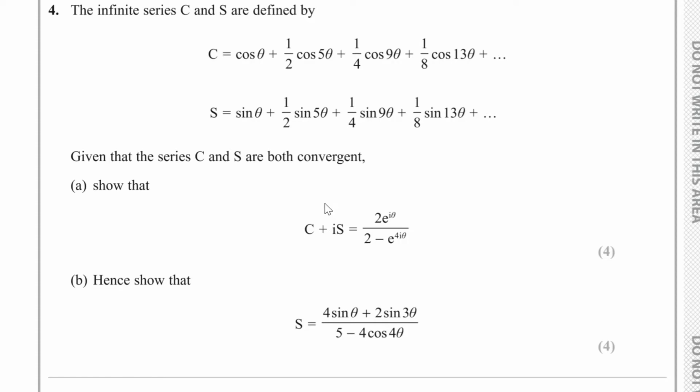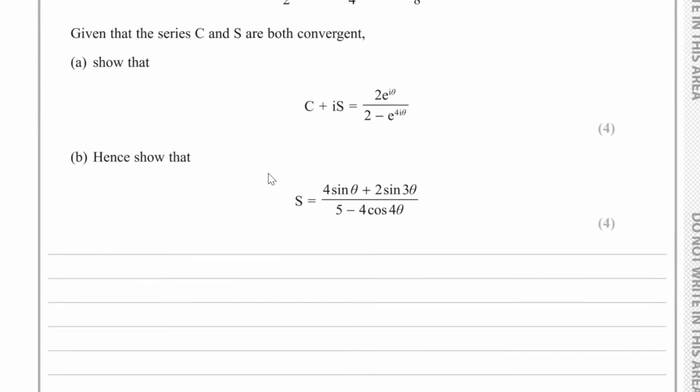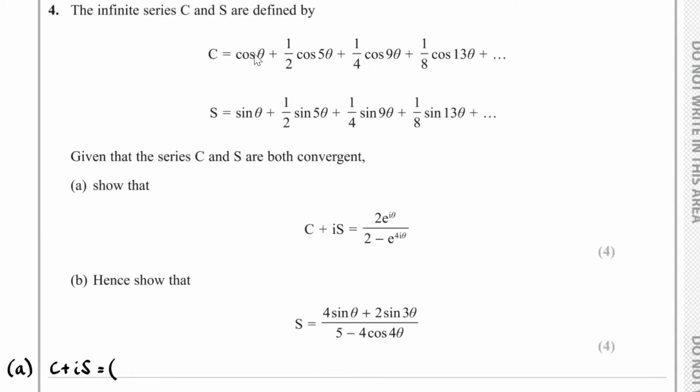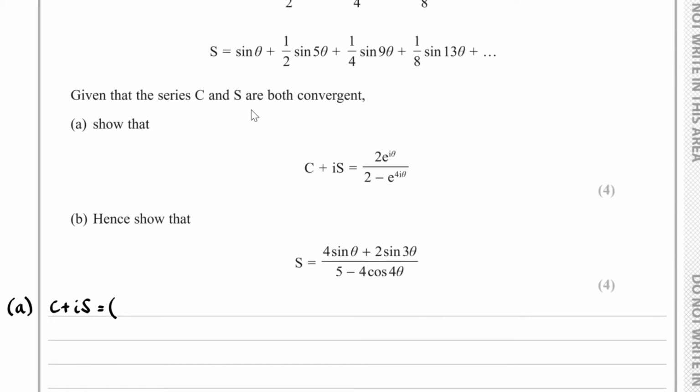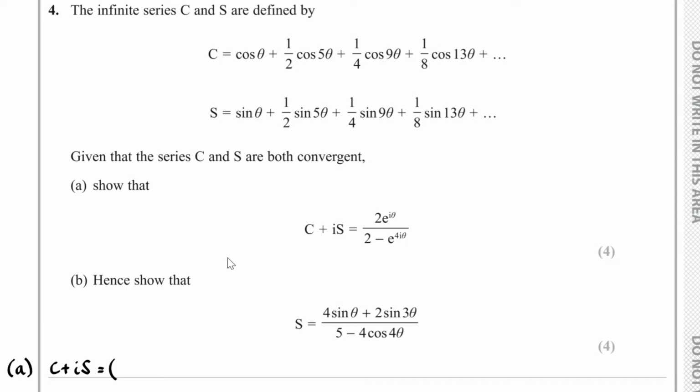So to do this question, if we work out C plus iS, that's equal to, well, if we add these together, we have cos theta plus i sin theta.